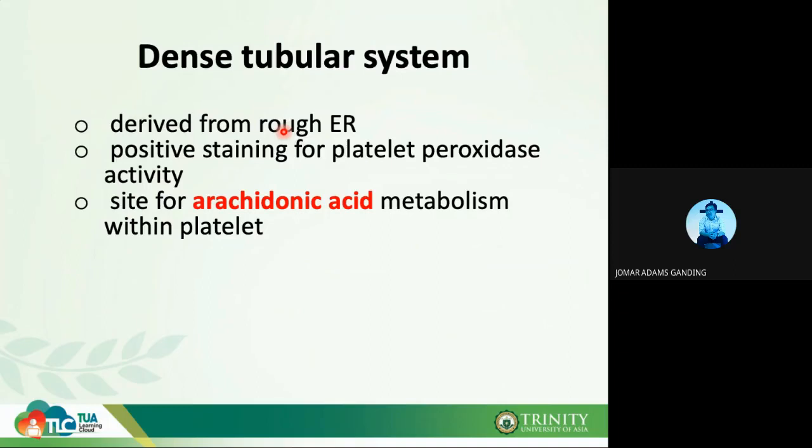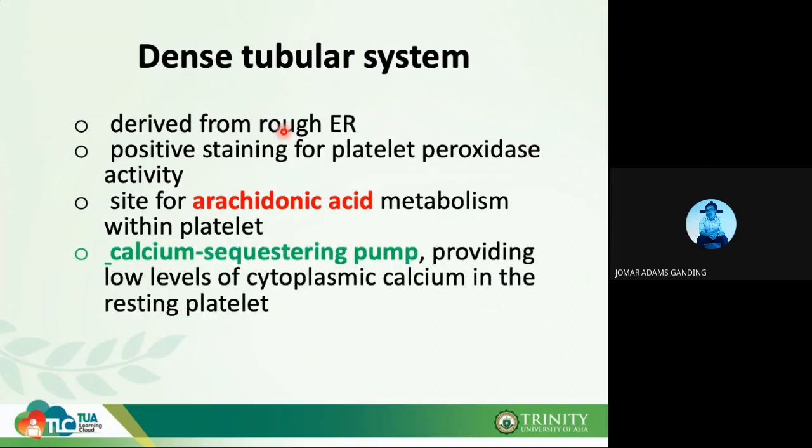In addition to that, your dense tubular system also provides a low level of cytoplasmic calcium in the resting platelet. So they also act as a calcium sequestering pump. Ladies and gentlemen, they are colored such not just for design but for importance.